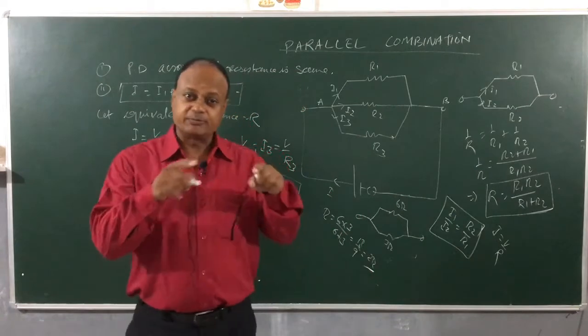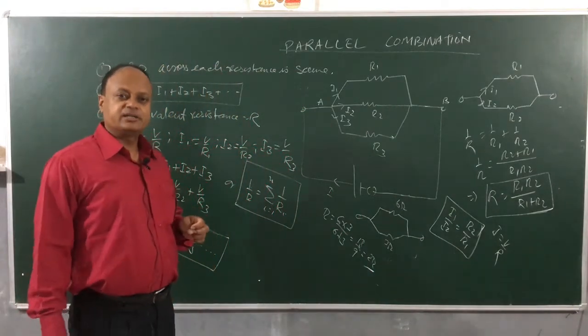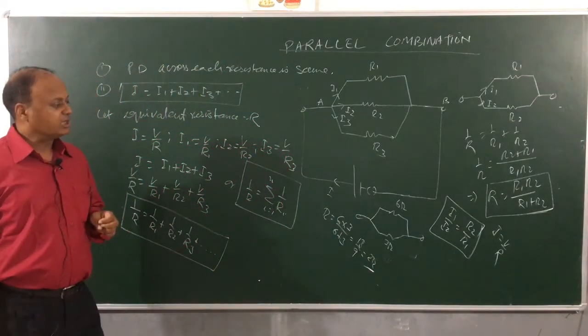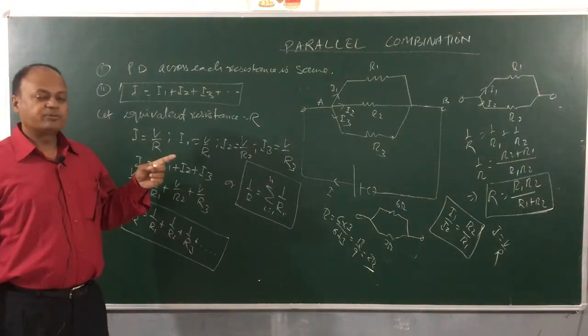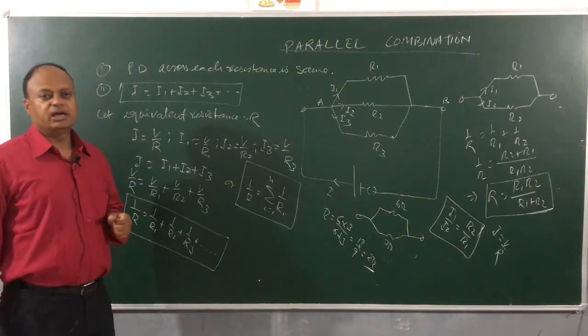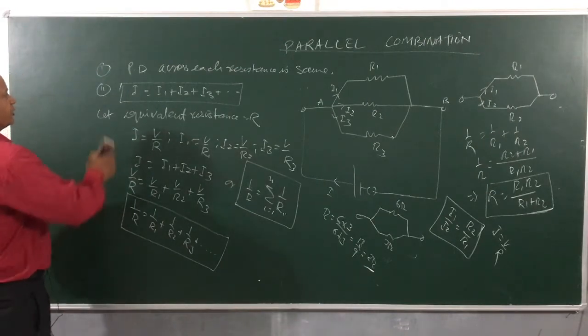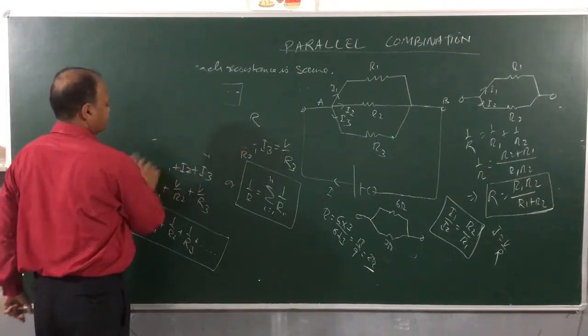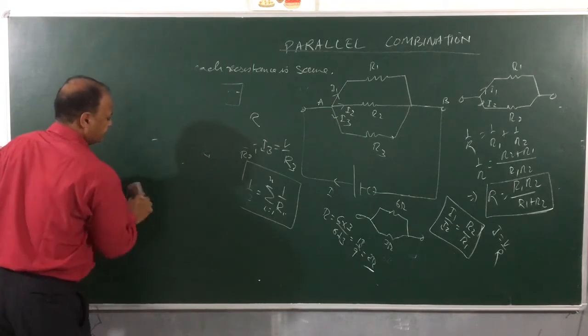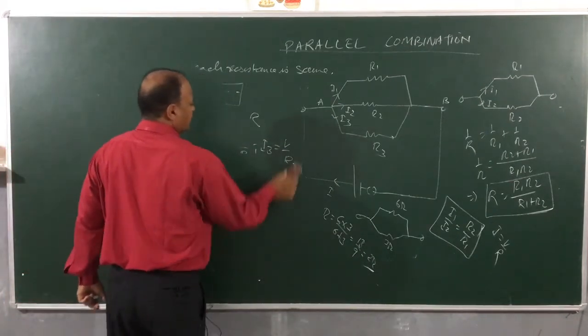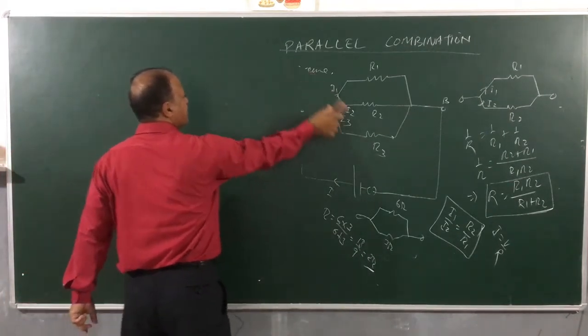So, when we are dealing with problems involving division of current in a parallel combination, I will be using there I1 by I2 is equal to R2 by R1. Okay. So, make sure you are copying the board work and understanding the full concept. Now, we will see a simple problem on this.